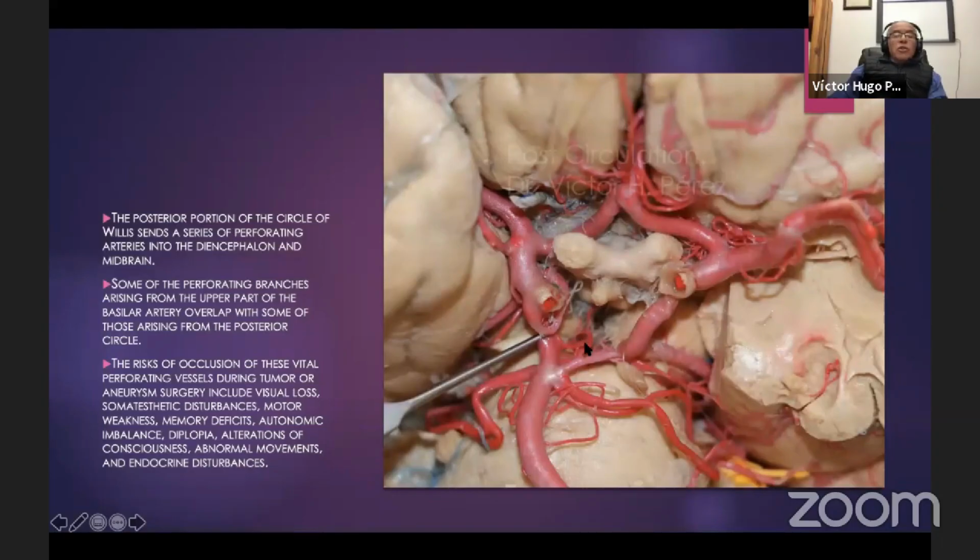The risk of occlusion of these vital perforating vessels during tumor or aneurysm surgery includes visual loss, somesthetic disturbances, motor weakness, memory deficit, autonomic imbalance, diplopia, alteration of consciousness, abnormal movements, and endocrine disturbances. So this is a very critical site of surgical procedures, especially aneurysms coming from the basilar artery.